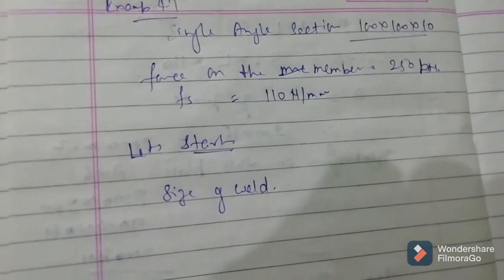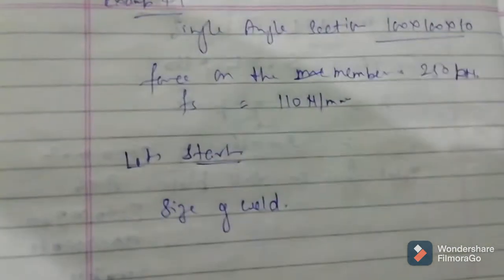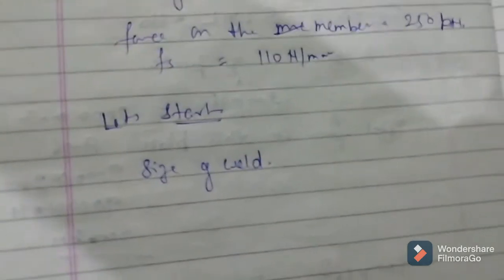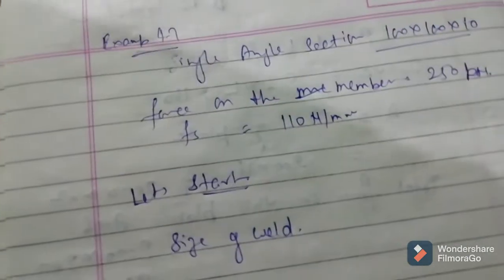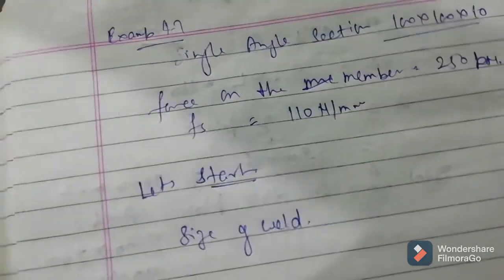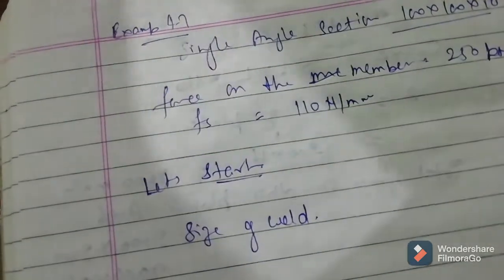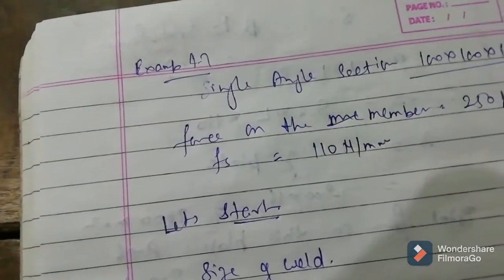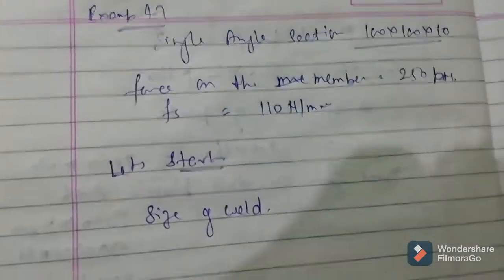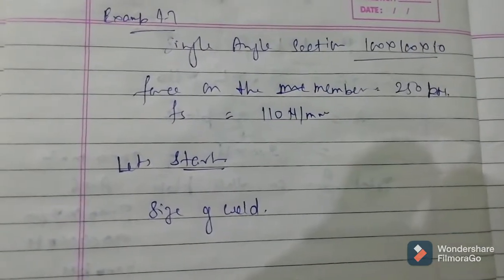When we talk about the size of weld, as in the previous question, the size of weld totally depends on the table. So the minimum size of weld for 0 to 10 is 3 mm, and 10 to 20.